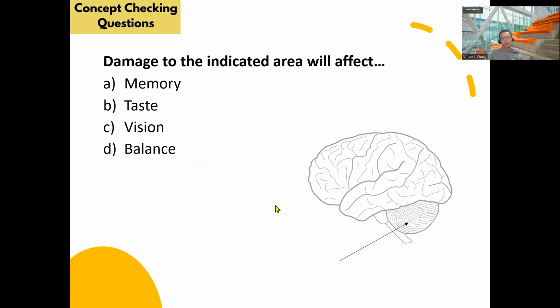Or what happens if this one is malfunctioning? Okay, and that is the cerebellum. So the answer is balance. Okay, cerebellum, balance. The occipital lobe is up here, so that's what the vision is. Okay? For the person who chose vision, you probably confuse cerebellum with the occipital lobe, but that's okay. Now you would know.